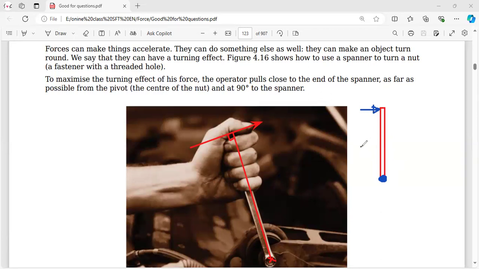However, you can practice this: if you go for the nearest point to the rotation axis, you might find it is very hard to open the door. So this is much easier, and this is much harder. It is also very easy if you apply the force at a 90-degree angle. Otherwise, if you apply it like this, we have to resolve the forces, and when you resolve the forces, the force magnitude automatically becomes larger.